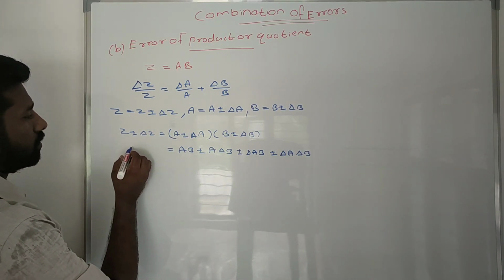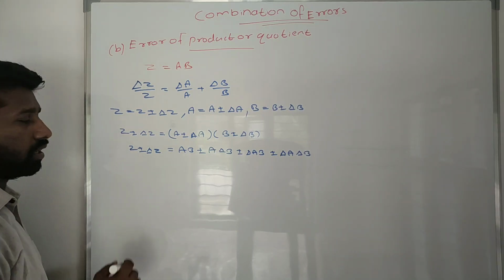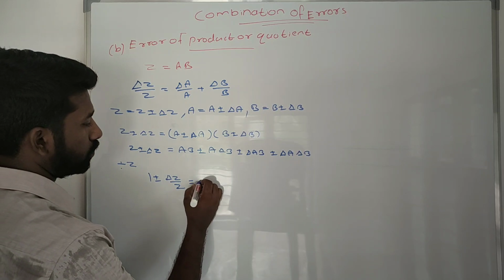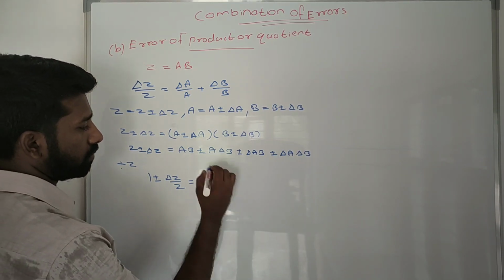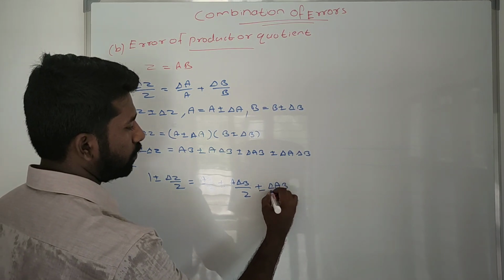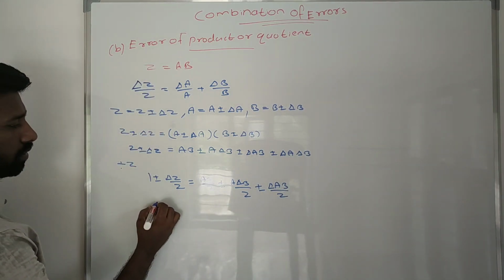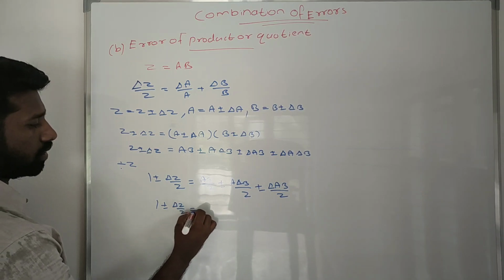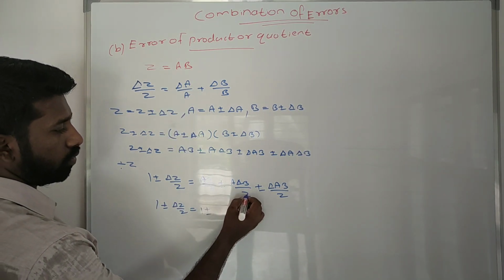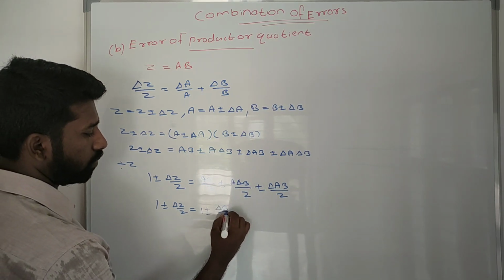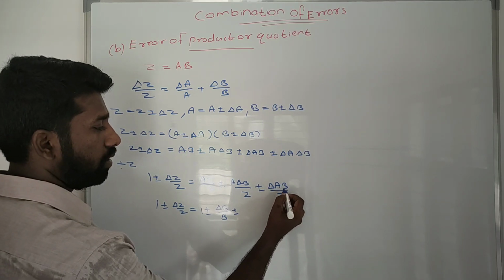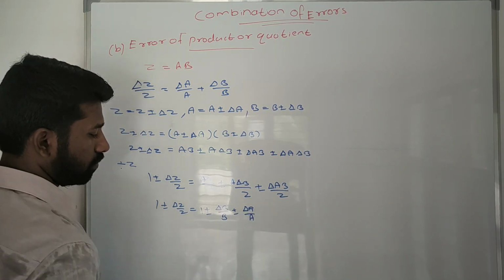Clear? Okay, and here all the time we have to divide by Z. So 1 plus or minus delta Z by Z is equal to AB divided by Z, plus or minus A into delta B divided by Z, plus or minus delta A into B divided by Z. Z is equal to A into B, so we can cancel it. A cancels, so what remains is delta B by B, and B cancels, so delta A by A remains. The 1 cancels.